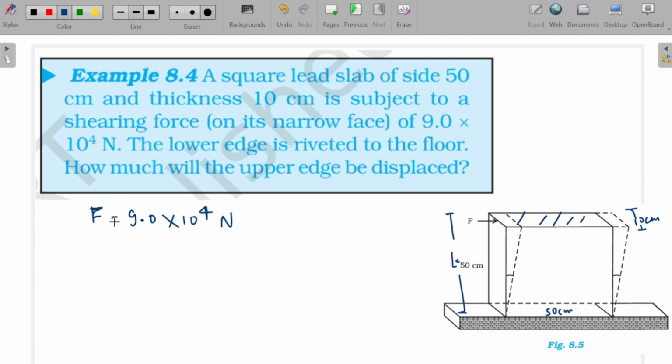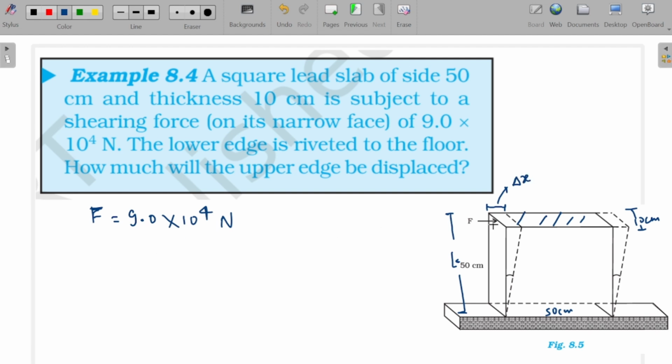This is the force. Now the lower edge is riveted to the floor. This edge has been kept fixed, and this face is allowed to slide. How much will the upper edge be displaced? We have to find this displacement, which we are referring to as delta x in our discussion.